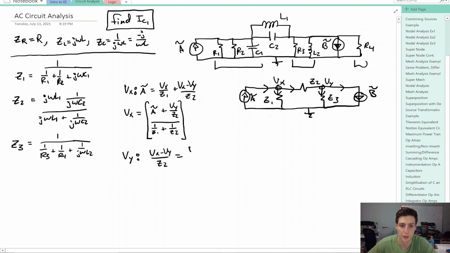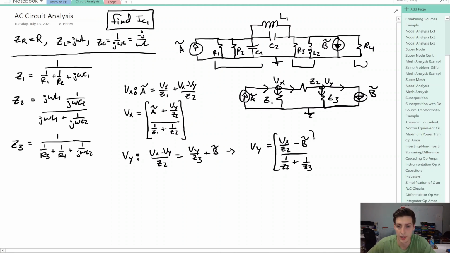It's going to be equal to Vy over Z3 plus the phasor current B, or simply that Vy is equal to Vx over Z2 minus phasor current B, divided by 1 over Z2 plus 1 over Z3. And from finding this, we can plug this Vy right here, and then we're able to solve for Vx since we only have one variable.